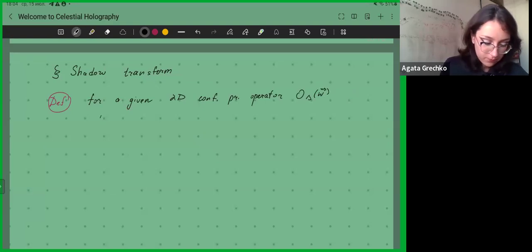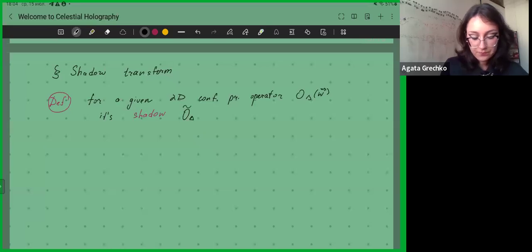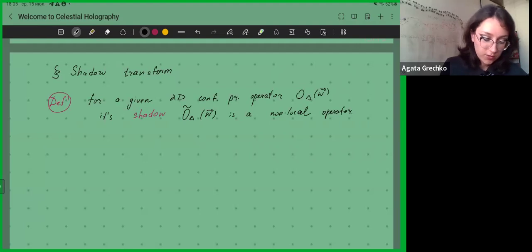its shadow, or tilde, we will denote, is a non-local operator, because it is at a different point. It is defined as follows.